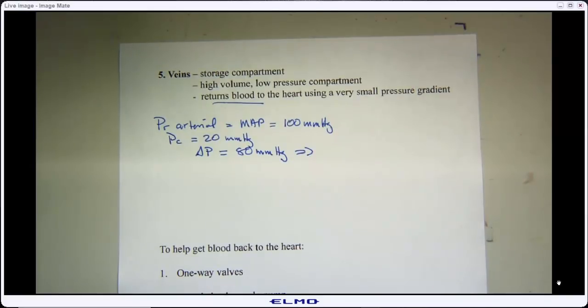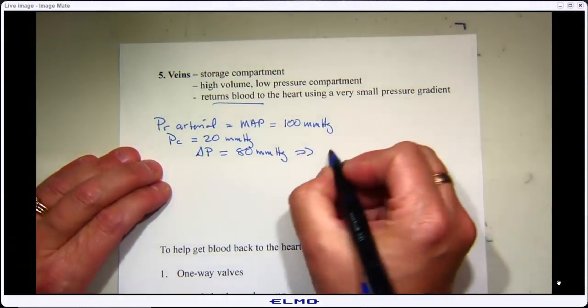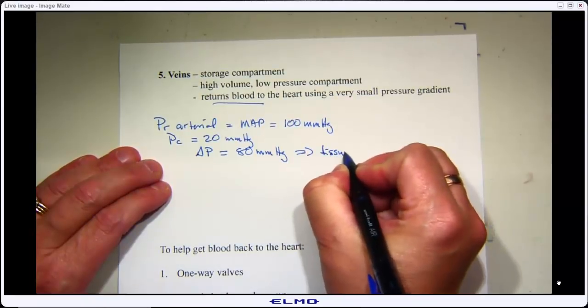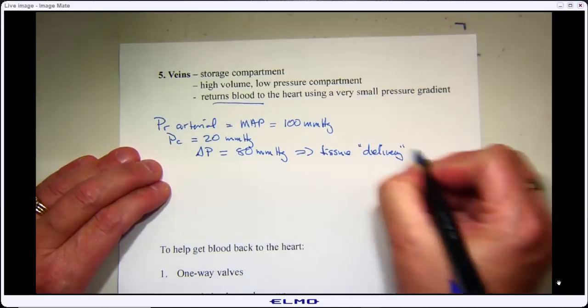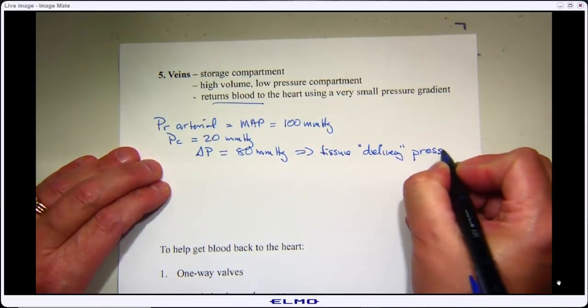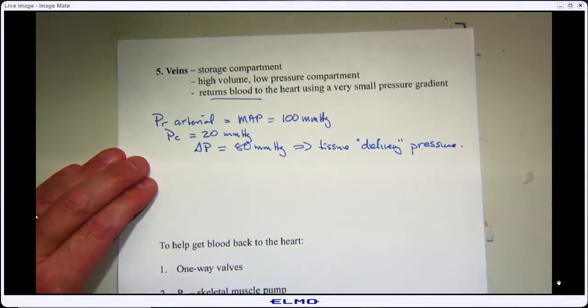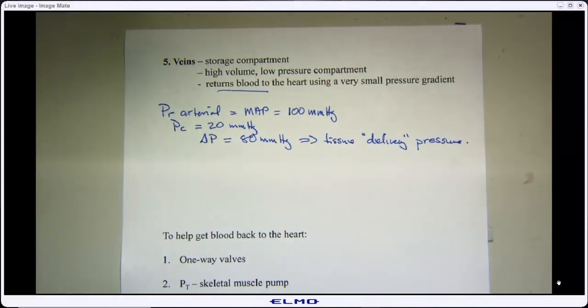So if we're thinking about tissue delivery pressure, then we're using 80 millimeters of mercury to do that. So 80 millimeters of mercury to drive flow from the heart out into the tissues.